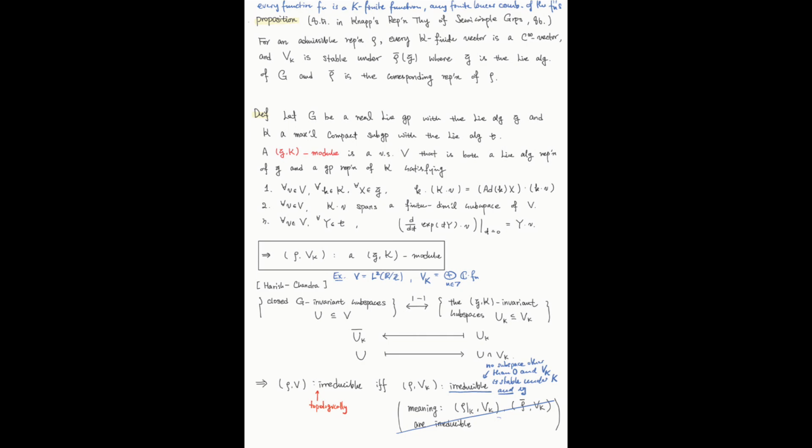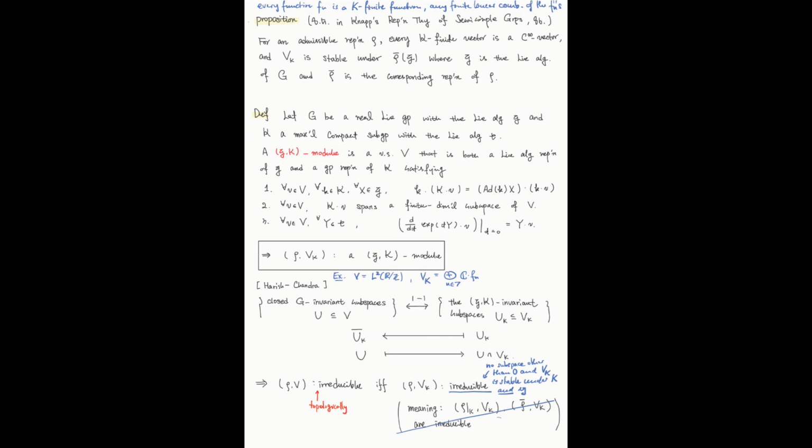It is certainly the case, even though these spaces are not very interesting, that in this example there are very many subspaces which are G invariant but which are not closed. They do not correspond to G invariant subspaces here, and they are not really interesting.